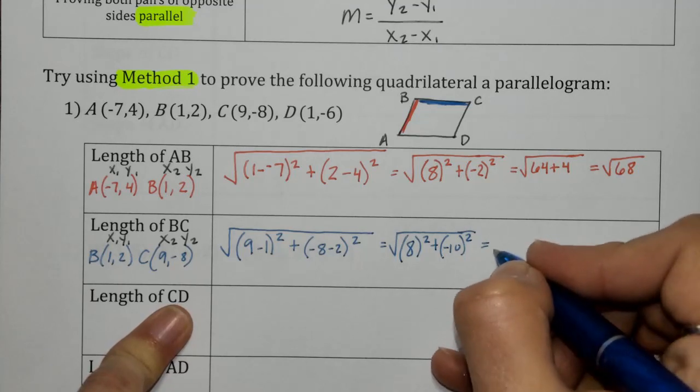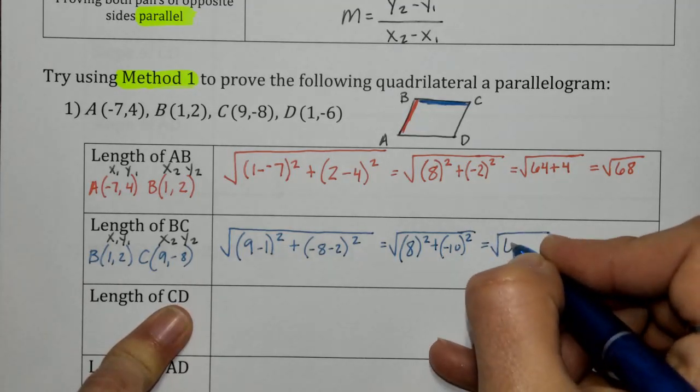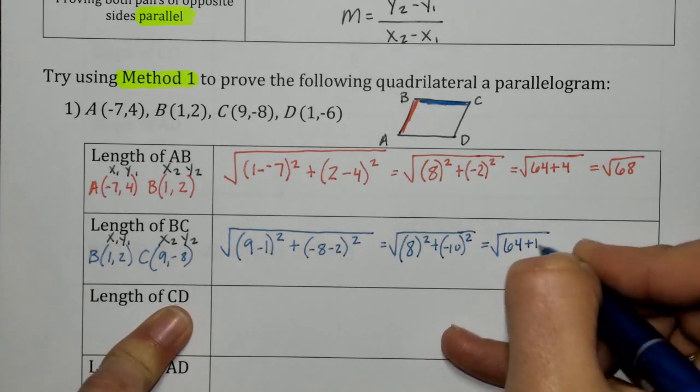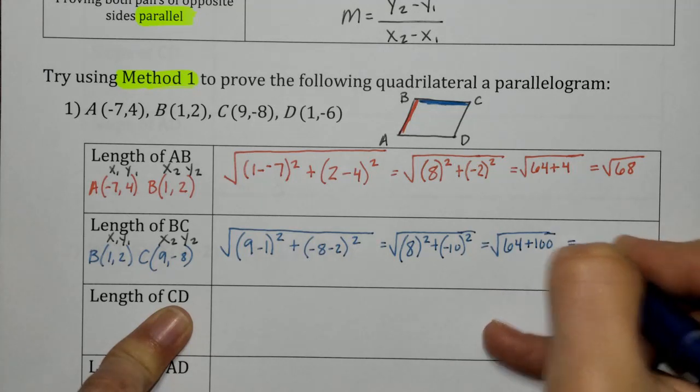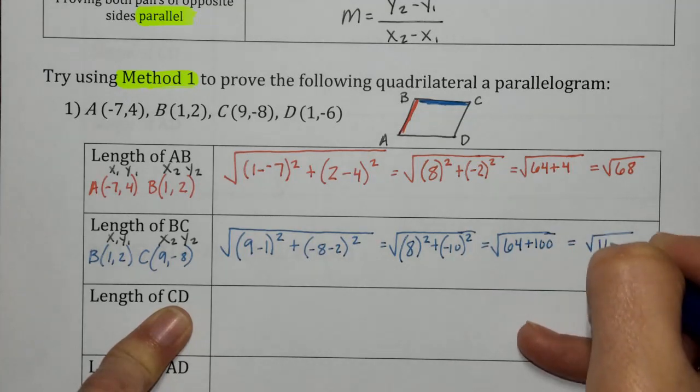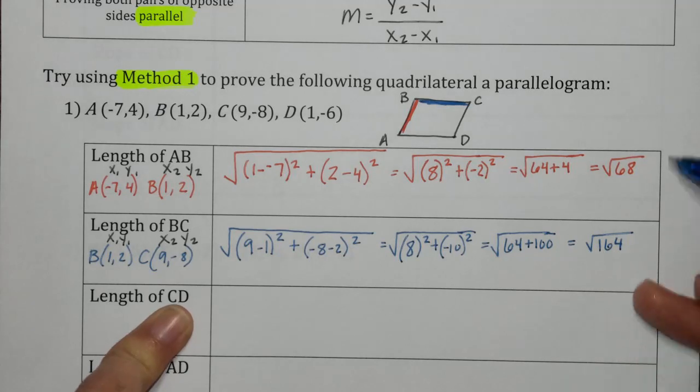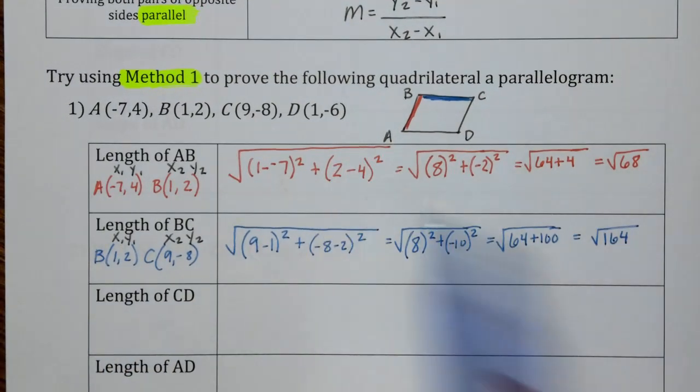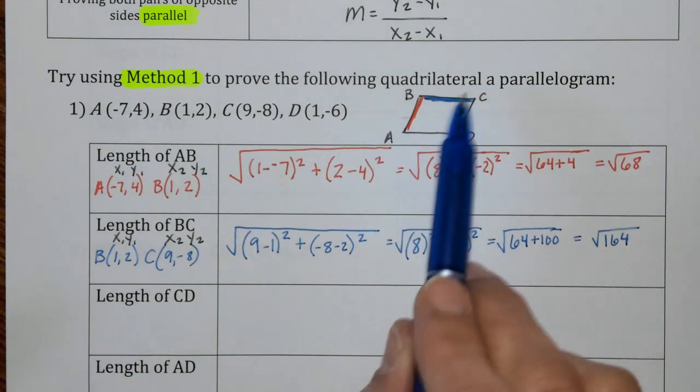Then we square them. 8 squared is 64, negative 10 squared is 100. Add them together, we get the square root of 164. Now these don't match, but again, these are not opposite sides.